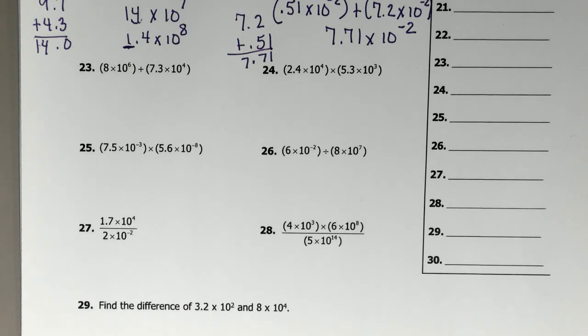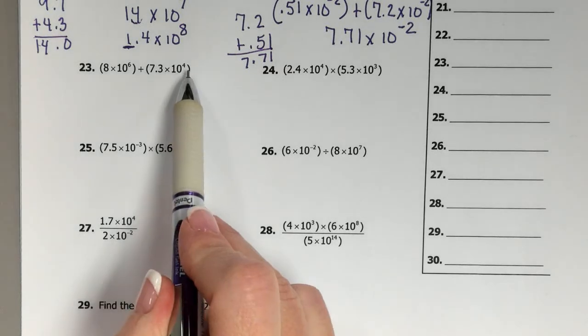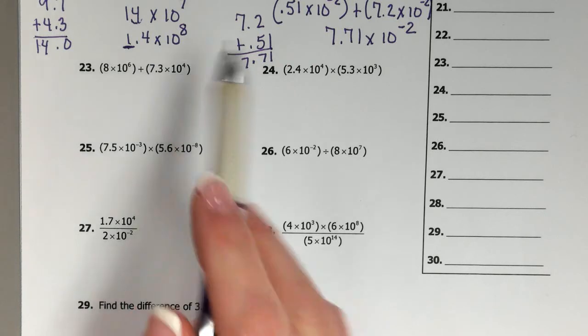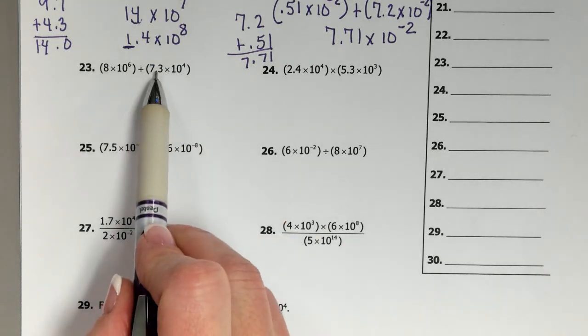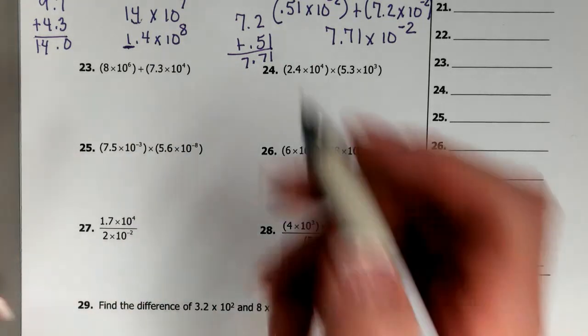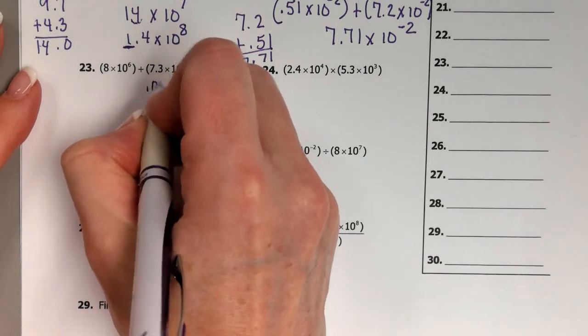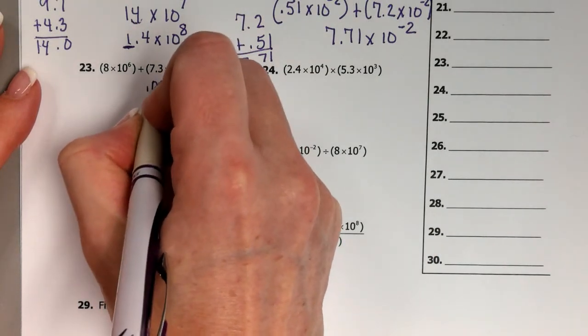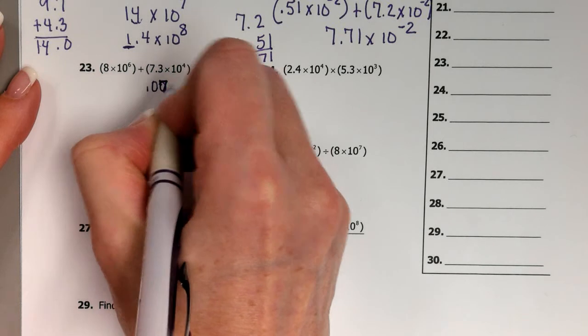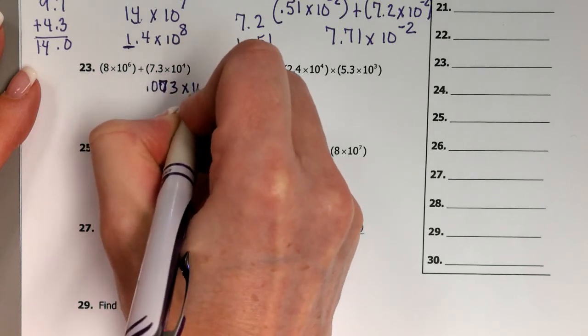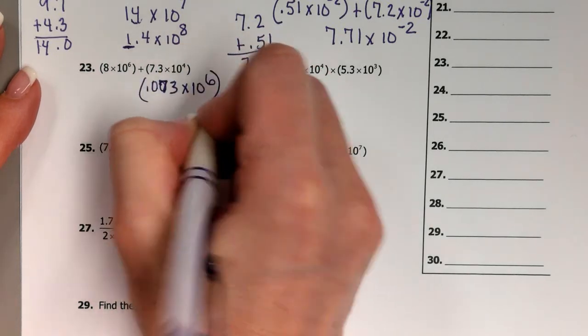All right, so did you go big or go small? Let's go big. So that means we're changing the 4 to the 6, so what do we have to do? Yeah, the decimal's going to have to move to the left 2 places. Oops. Not 3.